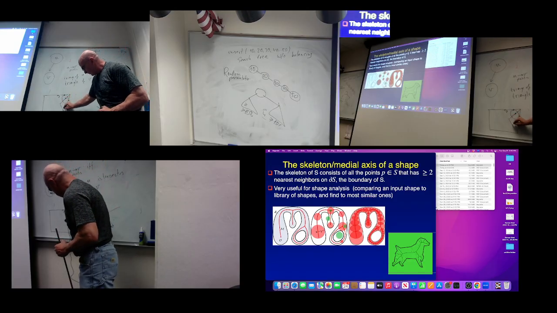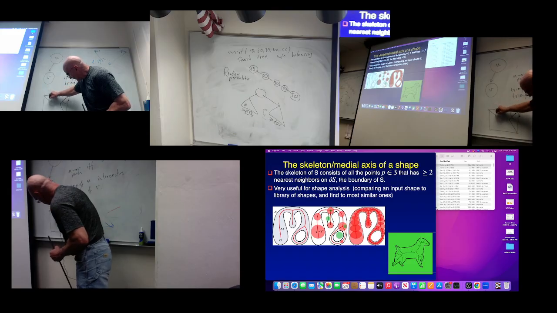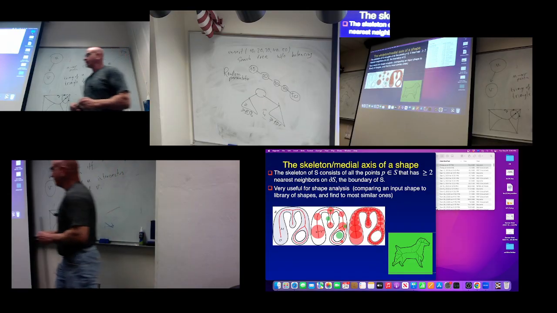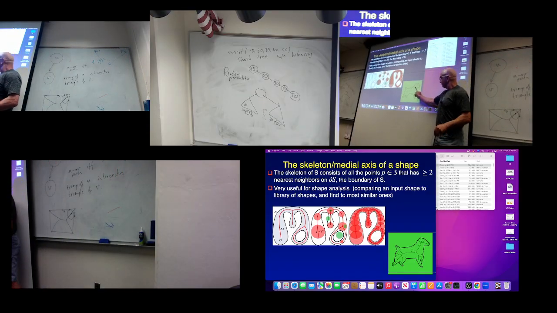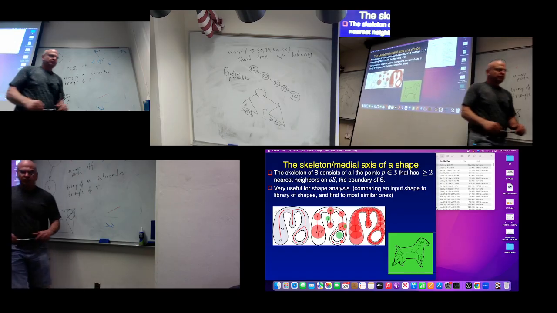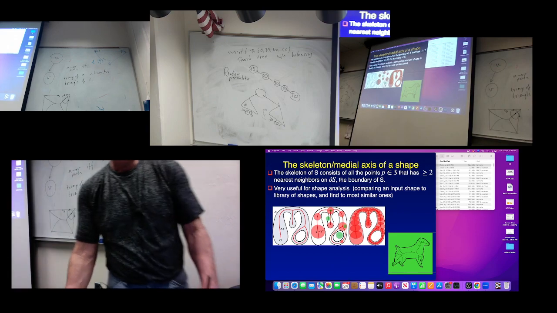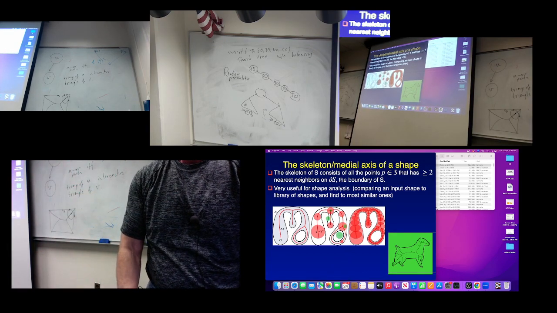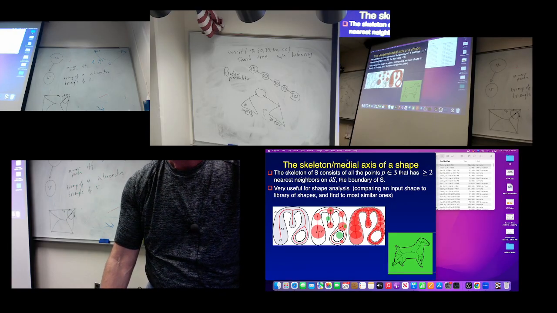And the skeleton of this rectangle would be, roughly speaking, what you see over here, very inaccurately. All the points of this part of the dog have the nearest neighbor over here, nearest neighbor over here. Okay, so that's the skeleton, and sometimes it's a good thing, like character recognition, older technology.